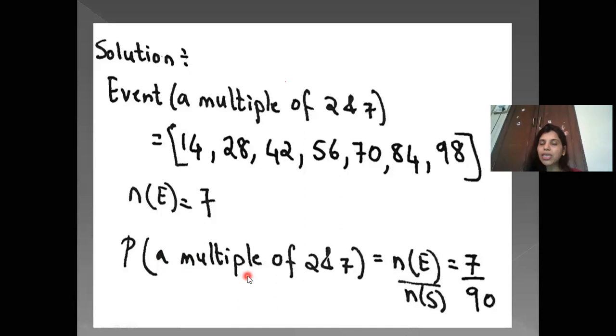The probability that a number is a multiple of 2 and 7 is the number of events upon the number of sample space, that is 7 upon 90. Can you cancel this? No, so just keep it like that, because you cannot simplify it further.